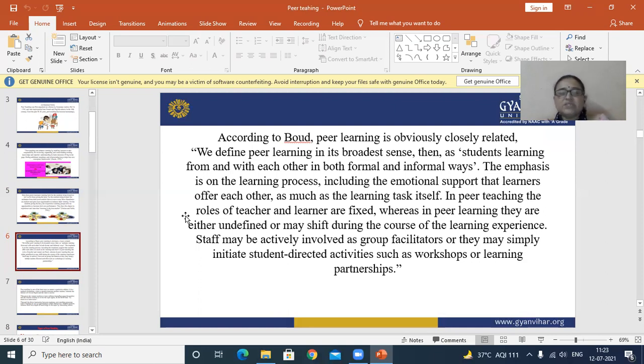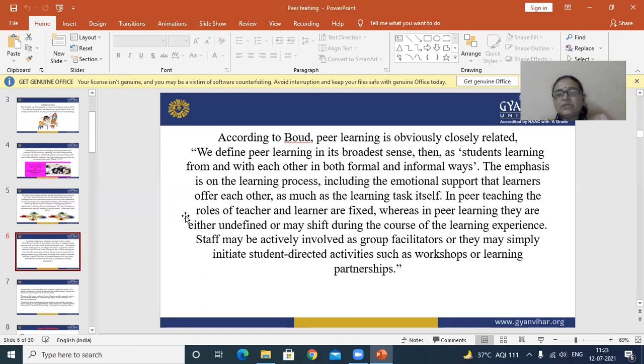The emphasis is on the learning process, including the emotional support that learners offer each other, as much as the learning task itself. In peer teaching, the roles of teacher and learner are fixed.